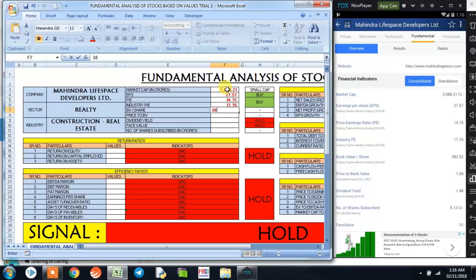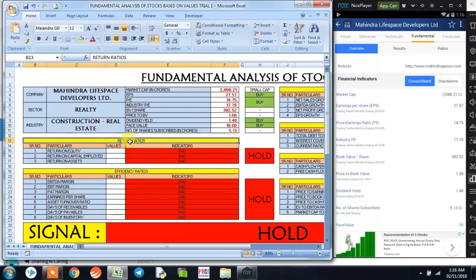Book value per share is 382.52. Price to book value is 1.06. Dividend yield is 1.48. Face value of the company is 10. And number of shares subscribed is 5.13 crores. So clearly financial indicators has given us a signal to buy this stock at this point of time.